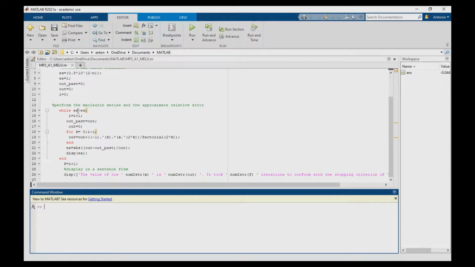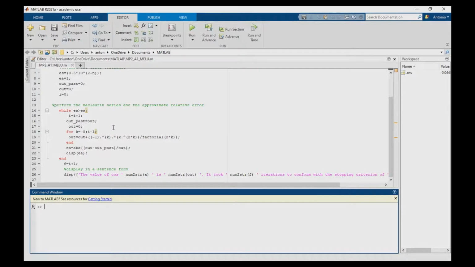While E sub A is greater than E sub S, I is equal to I plus 1. So what it does is it just adds up; I will be increased by 1 until the loop stops. Again, out sub past is equal to out, and then out is equal to 0, executed line by line.